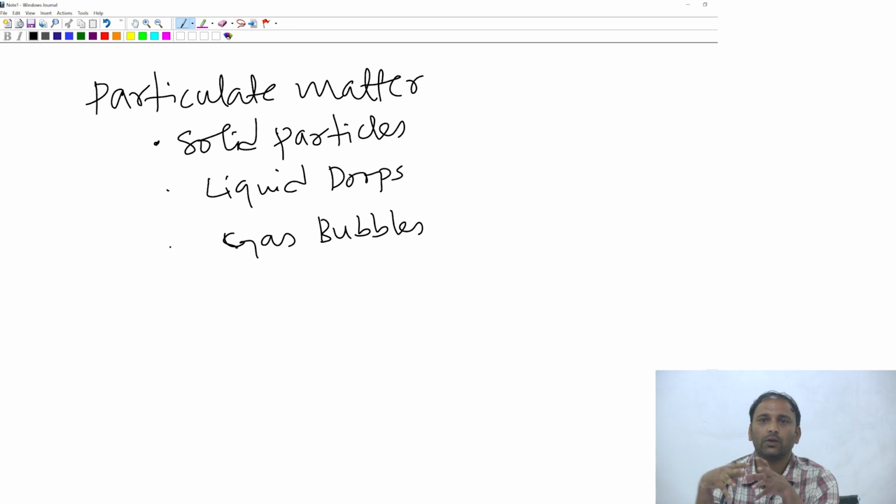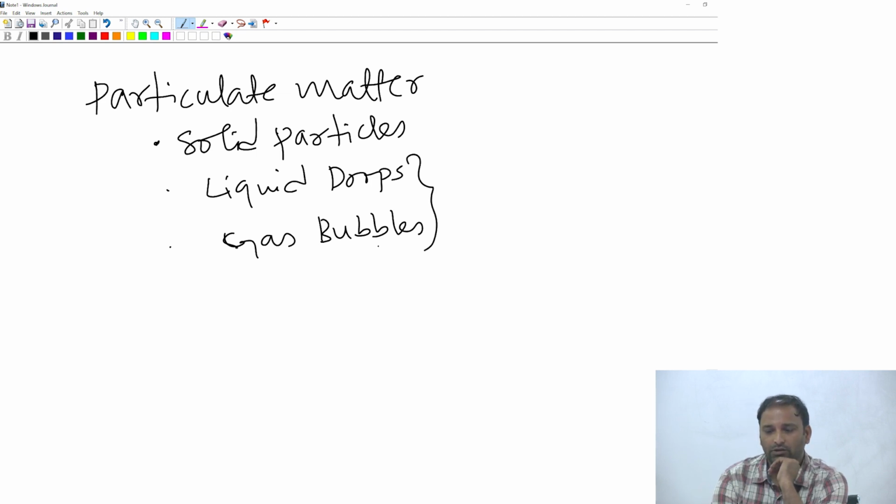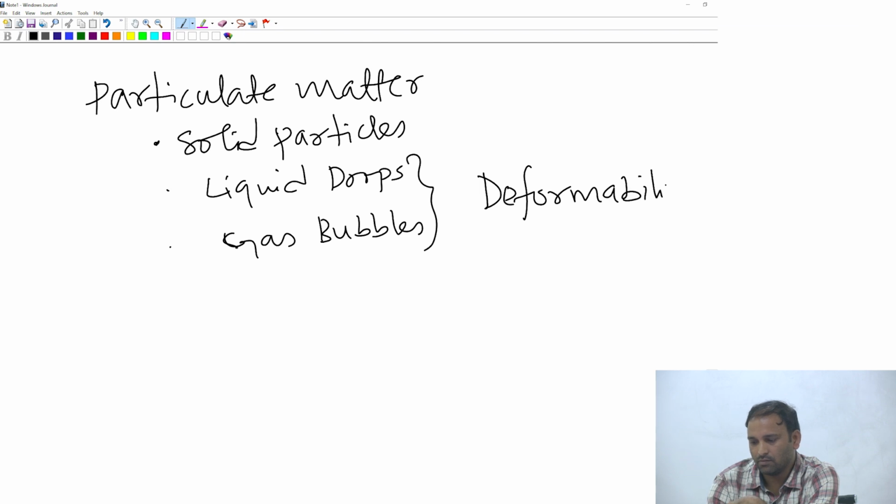When we say that we are dealing with fluid particle systems, with solids in a fluid, or liquid drops or gas bubbles in a fluid, what would be one important parameter that you would have to worry about when dealing with liquids and gases compared to solid particles? Deformability of the particles, right?